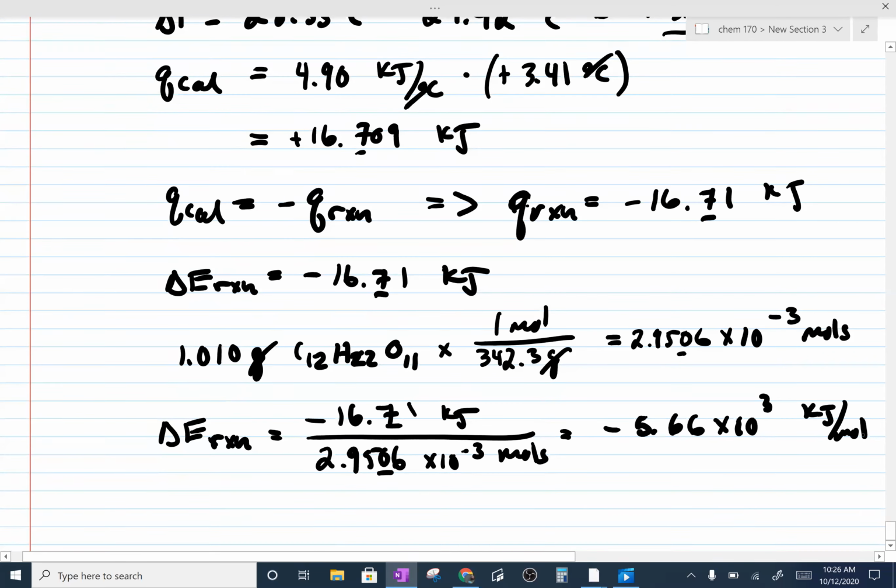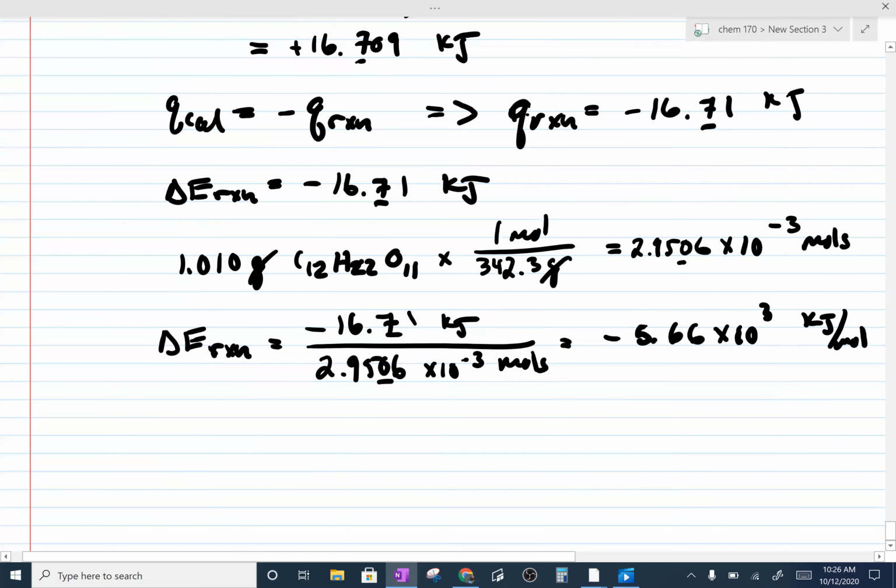That's our delta E reaction for this system of sucrose. That means that if we burn an entire mole of sucrose, so 342.3 grams of sucrose, we will release a total of 5.66 times 10 to the 3 kilojoules of heat energy. That's how much heat will come off of this system.